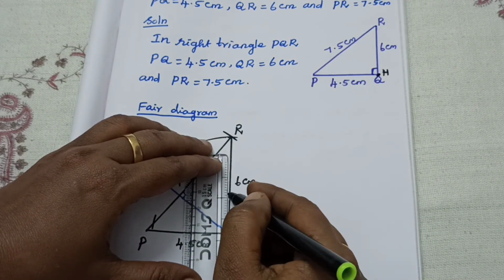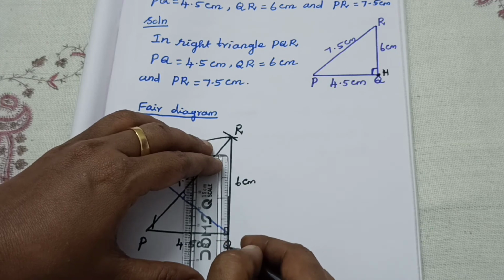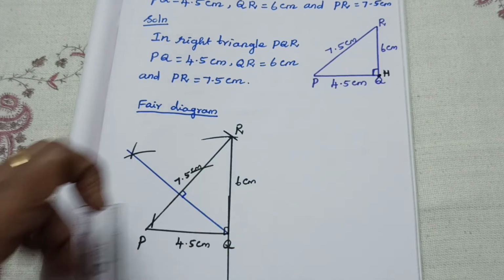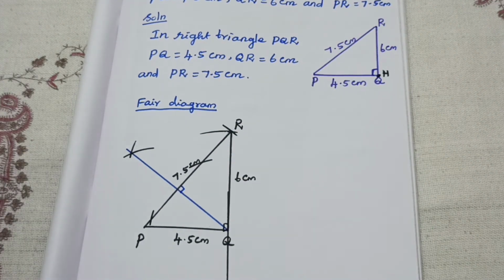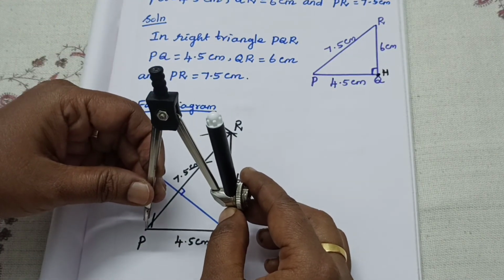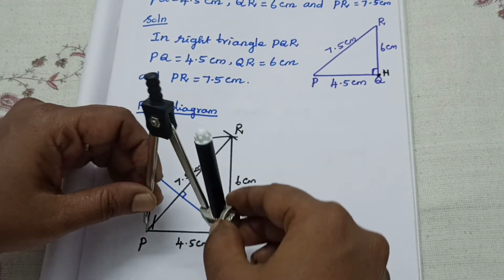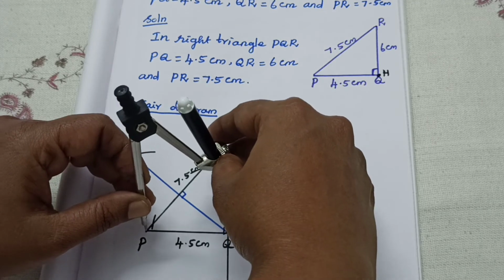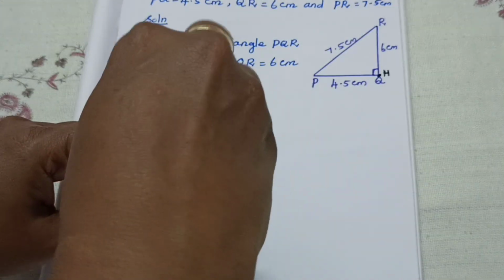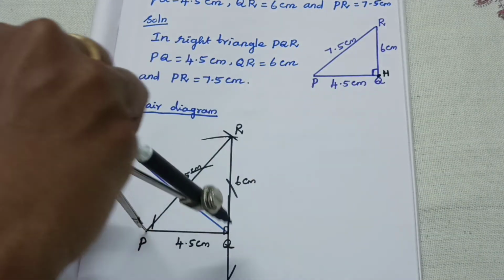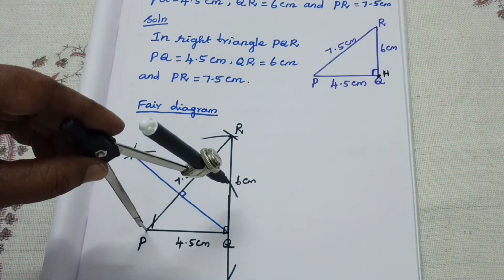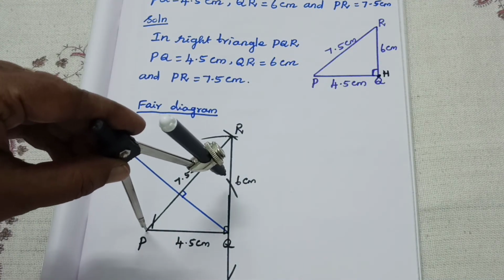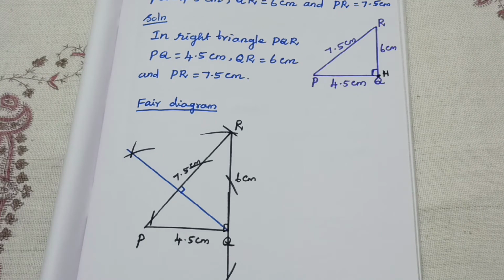Okay, then QR is extended. From P, opposite side, 2 arcs we have to draw. Okay, 2 arcs. Have you understood? Then from P, 2 arcs we have to draw.